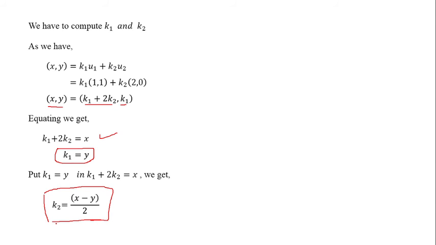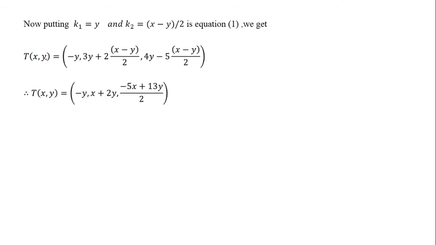So put these values in T of (x, y). We already have equation 1. Here, instead of k1 we have minus y, then in the middle component replace k1 by y and k2 by (x minus y) divided by 2. Simplify this, and you will get T of (x, y): first component minus y, second component x plus 2y, and the third component (minus 5x plus 13y) divided by 2, and this gives the formula for T from R2 to R3.